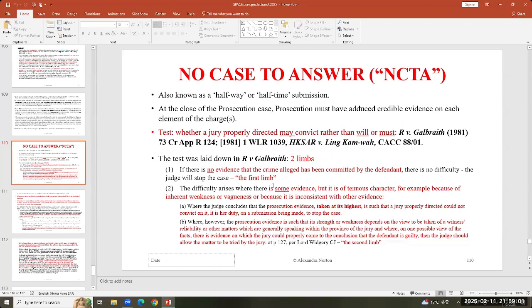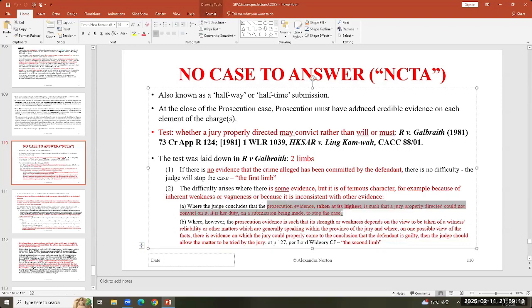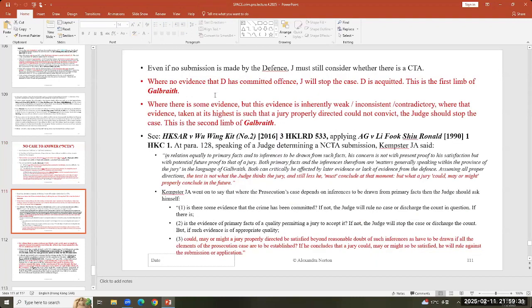So where there is some evidence, but it's inherently weak or inconsistent, where the prosecution's evidence taken at its highest is such that a jury properly directed could not convict, then the judge should stop the case. But where the strength and weakness depends on the view to be taken of the witness's credibility, and there is evidence on which the jury could convict, then the case should go forward.